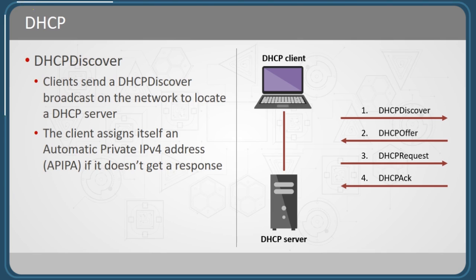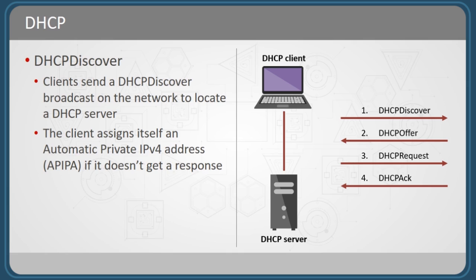Now, since broadcasts are heard by everyone, the DHCP server will hear it. But if for some reason you cannot reach the DHCP server, just because of general network issues or the server going down, then the client will assign itself an automatic private IP version 4 address, or APIPA, in the event that it does not get a response.